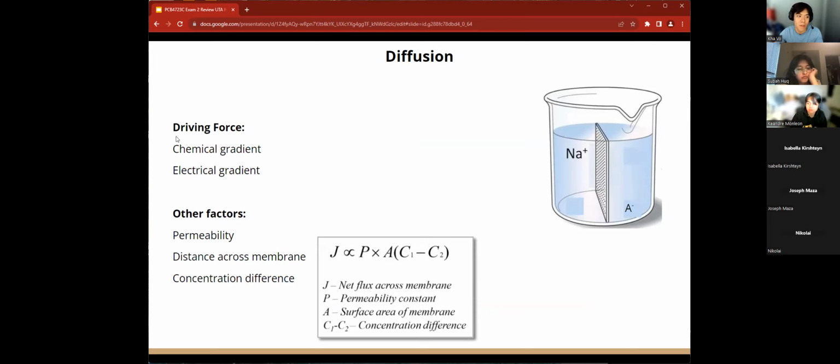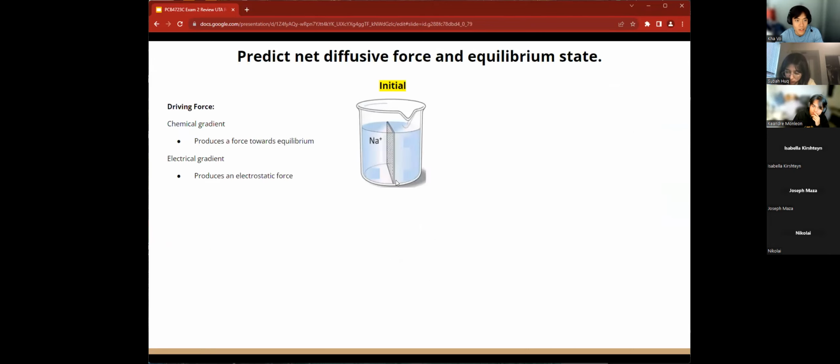They don't use ATP, but in terms of how they move, this is what is actually driving the movement of these particles. Of course, there are also other factors that affect diffusion, and J is net flux. Think of net flux as simply the rate of movement. Permeability, distance across the membrane, and concentration difference all affect it. I'll talk more about that in a bit.